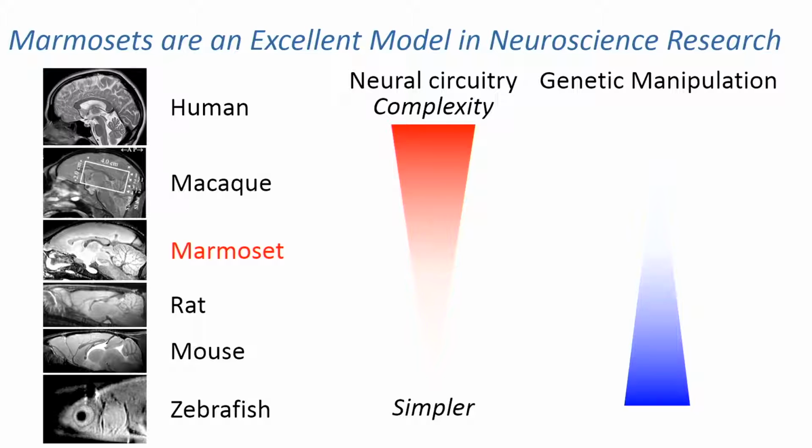But as you go up in this chain of neurocircuitry complexity, you lose this power of doing genetic manipulation and trying to understand functions of specific genes. And fortunately for us, now these techniques are becoming amenable to being used in marmosets.